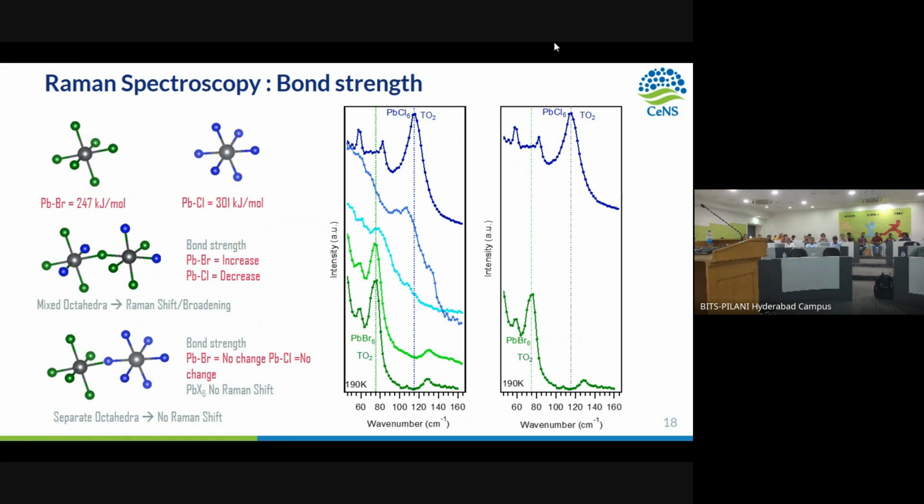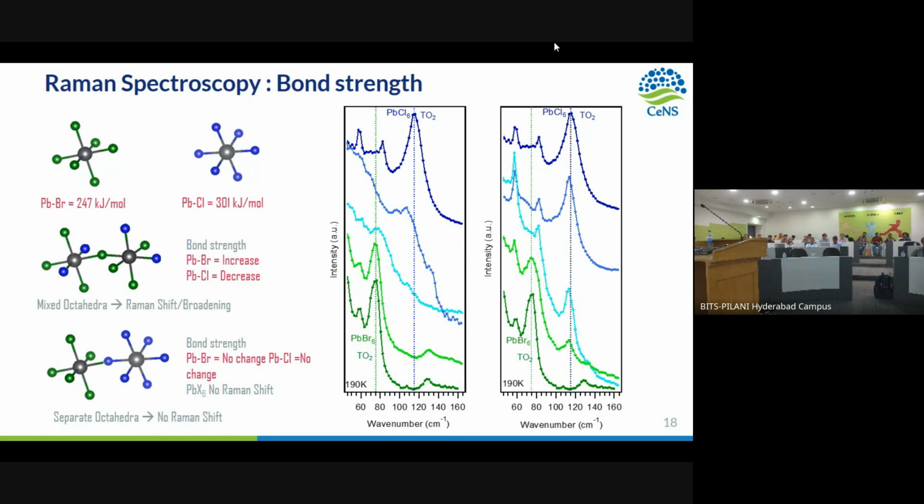There is no continuous shift. Rather, if you look, this becomes very broadened. That means it still remains almost like PbBr6, but it's a more destabilized system. That's why the Raman peak has been broadened. And in the other case, from the beginning when you are changing from CsPbCl3 to some amount of bromine, the peak still remains sharp, and eventually it comes to the bromine peak. So that suggests that it was phase segregated from the beginning.